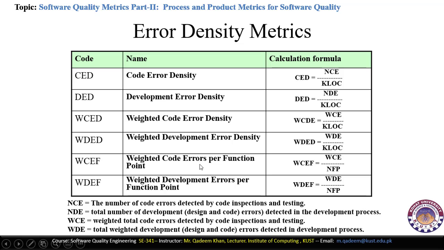So that means errors identified in a particular function point, which is the functionality of the system. Functionality may be just one function, for example printing or searching. So that metric is WCEF equals WCE divided by NFP, while WCE is the weighted total code errors detected by code inspection and testing, divided by NFP.